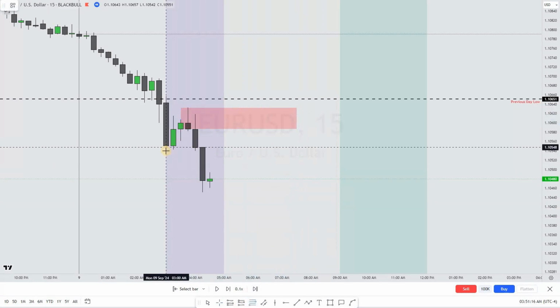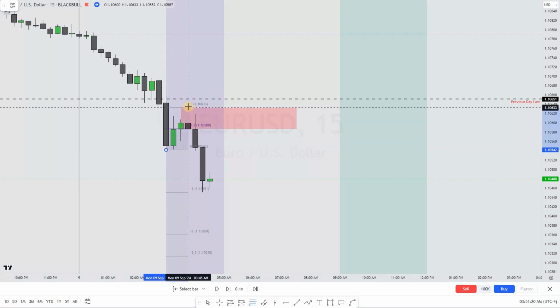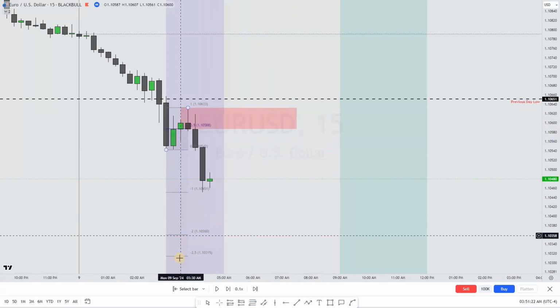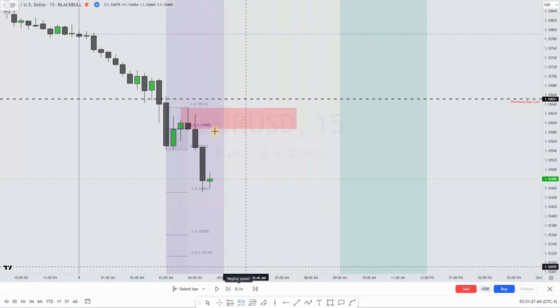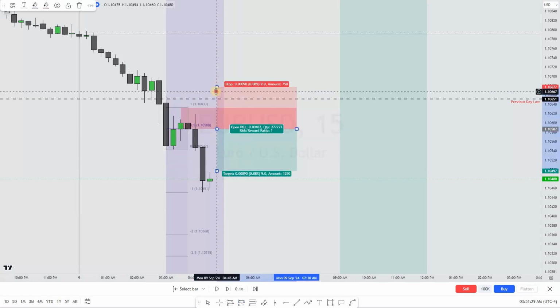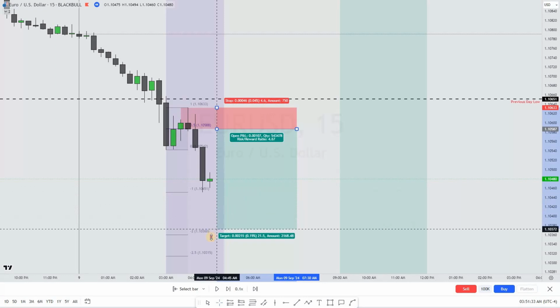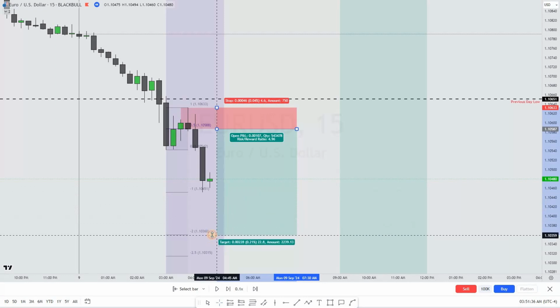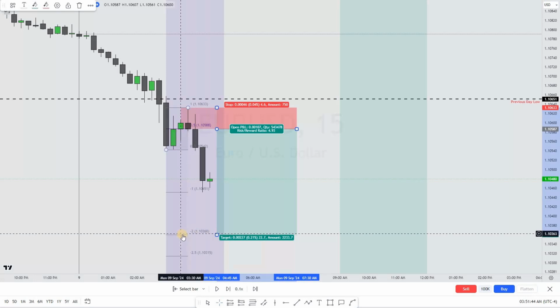Now to set up the projection, we had 2.5 here. I usually prefer to take profit at this -2 projection rather than waiting for the 2.5.